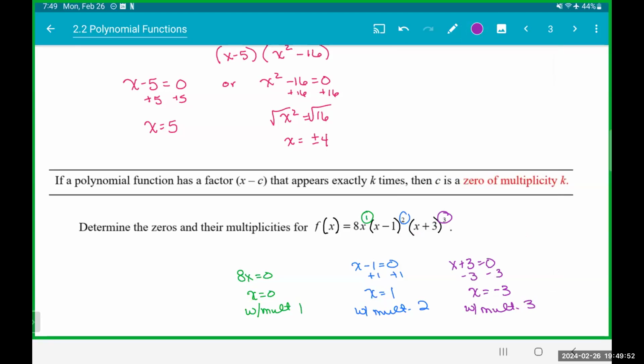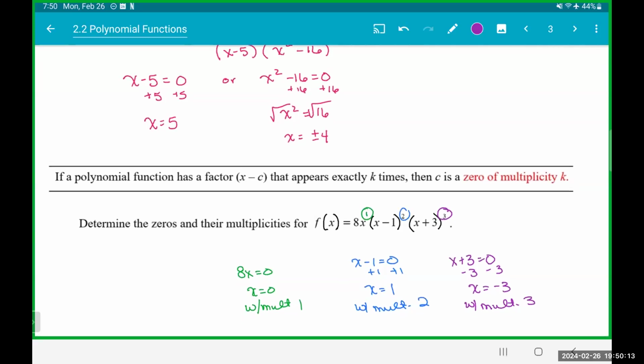So the zeros would occur at x equals 0, x equals 1, and x equals -3. But the multiplicity is giving us more information, because it'll lead us into this next section. Does it touch the x-axis? Does it cross the x-axis? And how can we determine that? Okay.